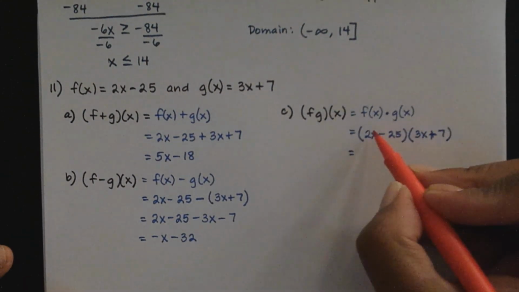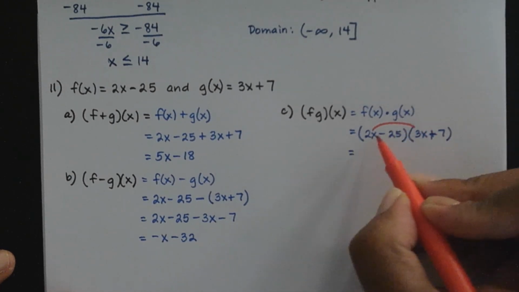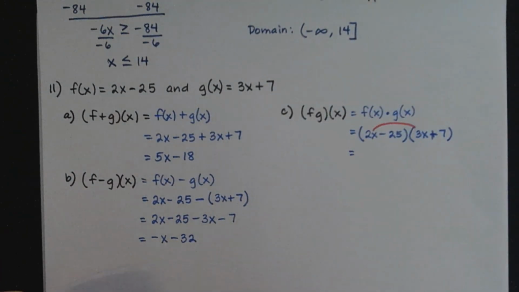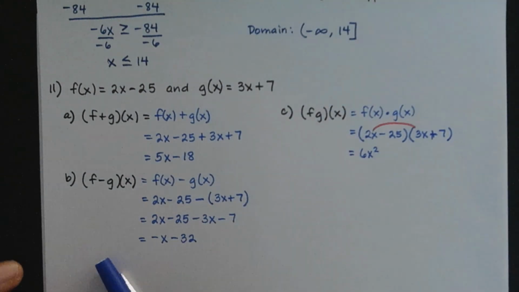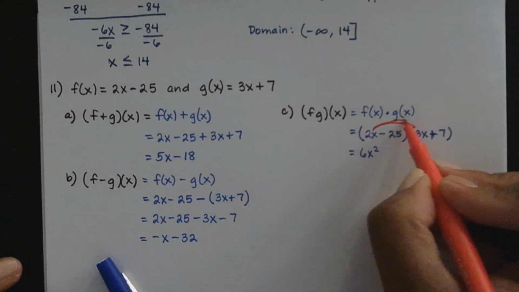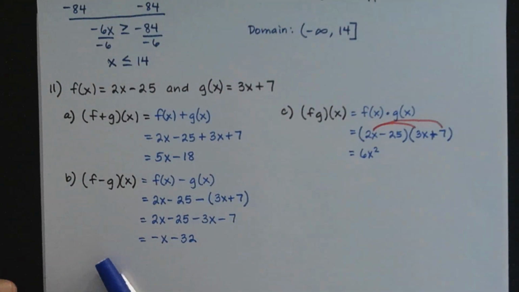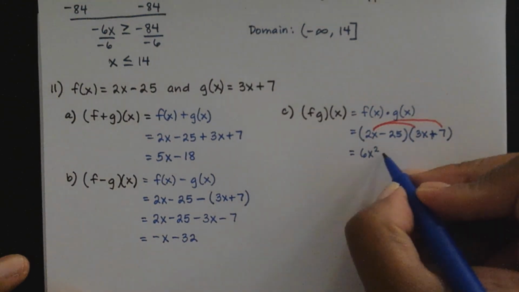So here we got first term times the first term, 2x times 3x, which is 6x squared. The outer will be 2x times the plus 7, which is plus 14x.